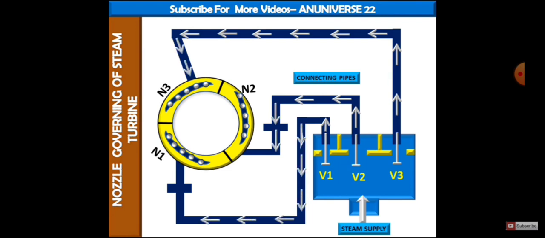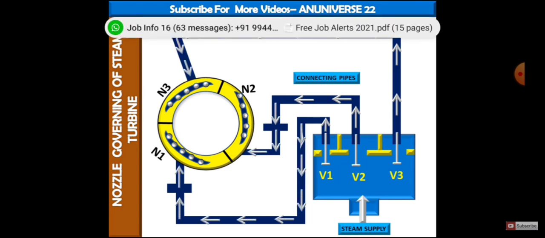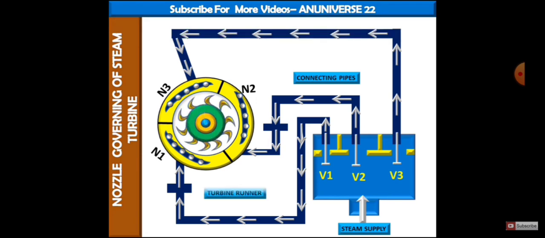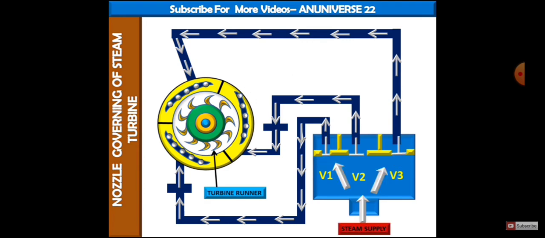Arrows show the motion and path of the steam which enters through the sets of nozzles from different sections. This is the turbine runner, and now we can see the working of nozzle governing of a steam turbine. When steam is continuously supplied, the valves are open and steam starts to flow through these connecting pipes.